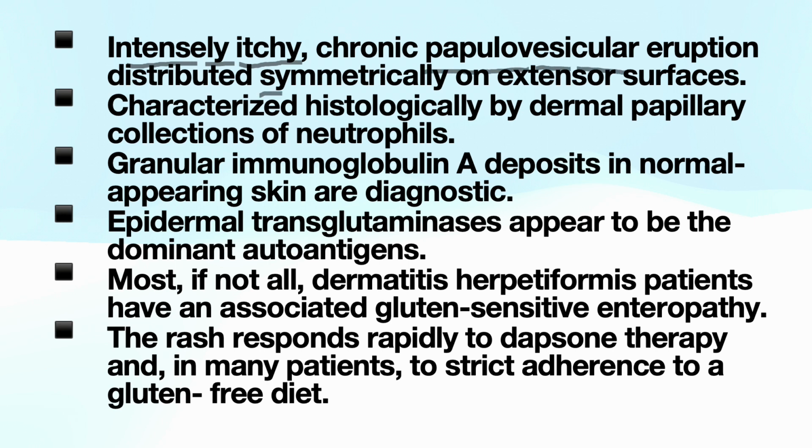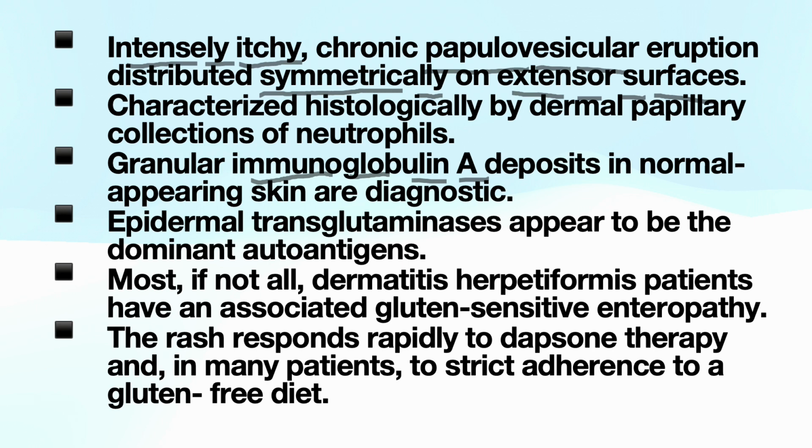And there will be symmetric distribution only on the extensor surfaces. You should know which rash affects the extensor surface, which rash affects the flexor surface. I don't have time to tell everything here because I don't want to overload you guys with unrelated and unwanted information. And there will be dermal papillary collections of neutrophils and, like I said, granular immunoglobulin A deposits will be there. And epidermal transglutaminase appears to be the dominant autoantigen.